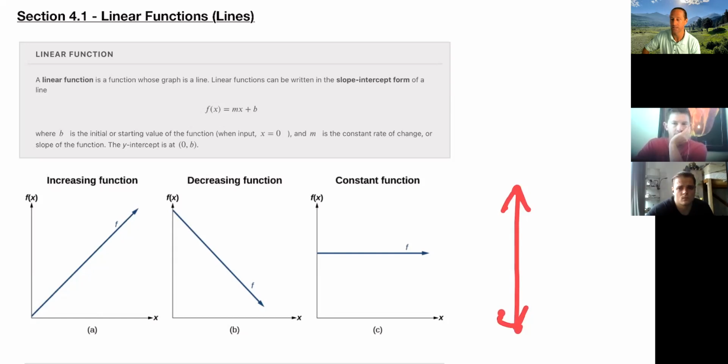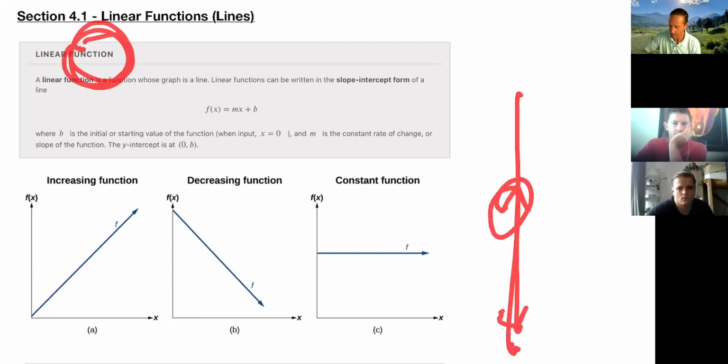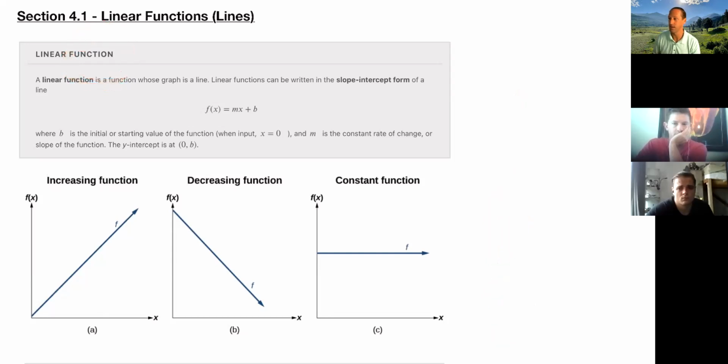Why is that not listed, even though it is a possibility? We're talking about functions. And this does definitely not pass the vertical line test. So it's not that we can't have that, it's just not a function, and we're only talking about things that function well.